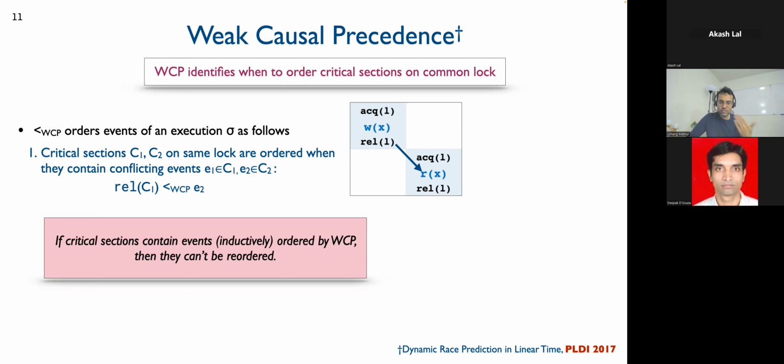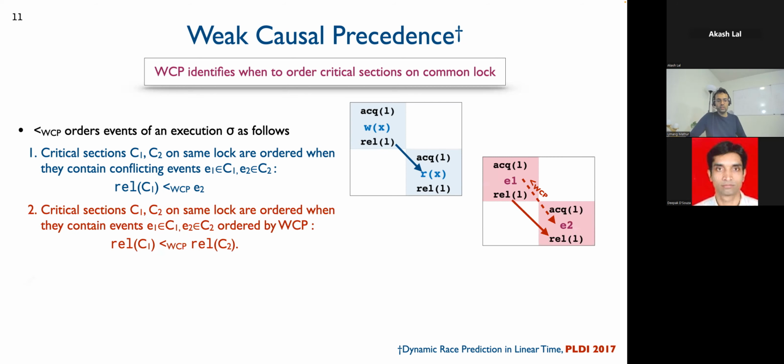So in that sense, WCP is a recursively stated partial order. So here is the precise rule. It says that, let's say you have two critical sections C1 and C2, which contain two events, E1 and E2, which so far have been ordered by WCP, then you order the release to the release instead of release to acquire. Again, the same reason for why this is a little bit more involved, a little bit more relaxed partial order.